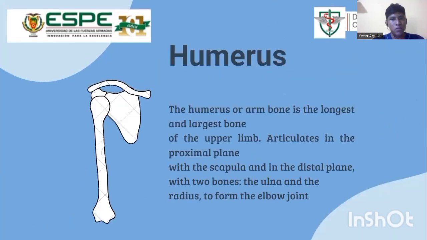The humerus, or arm bone, is the longest and largest bone of the upper limb. It articulates in the proximal plane with the scapula and in the distal plane with two bones, the ulna and the radius, to form the elbow joint.